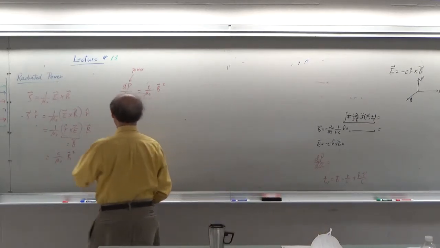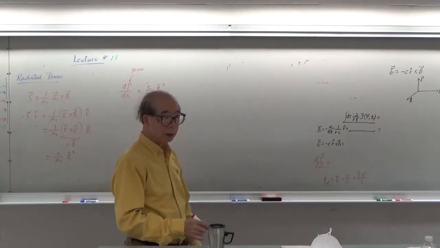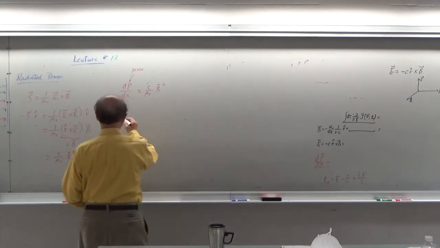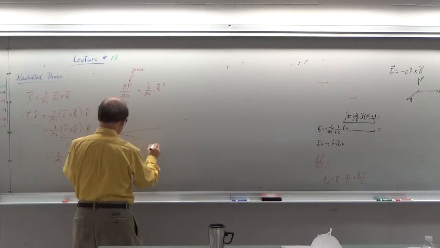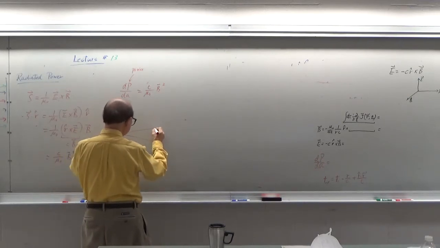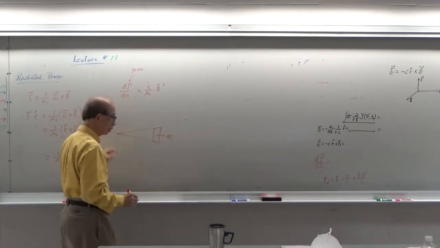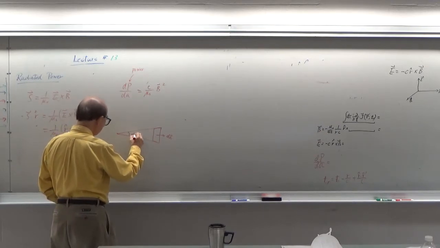But more useful than power per unit area would be the angular distribution of power. Namely, we notice that if you draw from the source at this point a line in this direction, then of course it subtends a solid angle d omega.